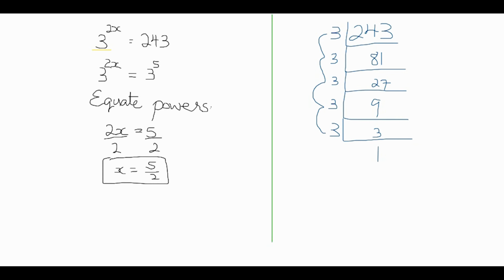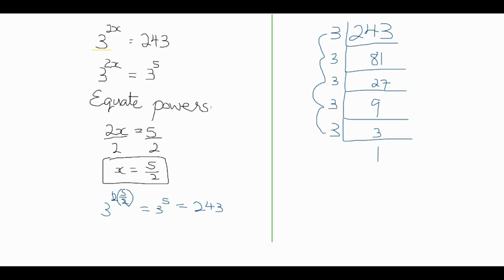And if we recheck it, we'll see for ourselves that 3 to the power of 2, where x is 5/2 now, this will simplify to being 3 to the power of 5. And 3 to the power of 5 we know is 243. So that's how we know that we got the correct answer for x.